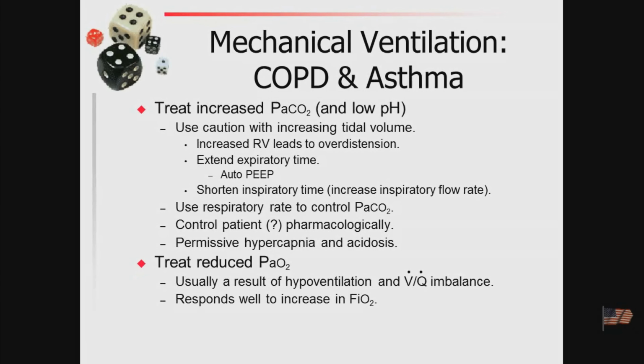So by increasing the rate just by 3 breaths per minute, I shorten the total cycle time I can have. Okay. Well, part of that cycle time has to be inspiration, and part of that cycle time has to be expiration. When we put a patient on a ventilator, we fix that inspiratory time. So if I have an inspiratory time of 1 second, and I go from a rate of 12 to 15, I now have reduced expiratory time from 4 to 3 seconds.